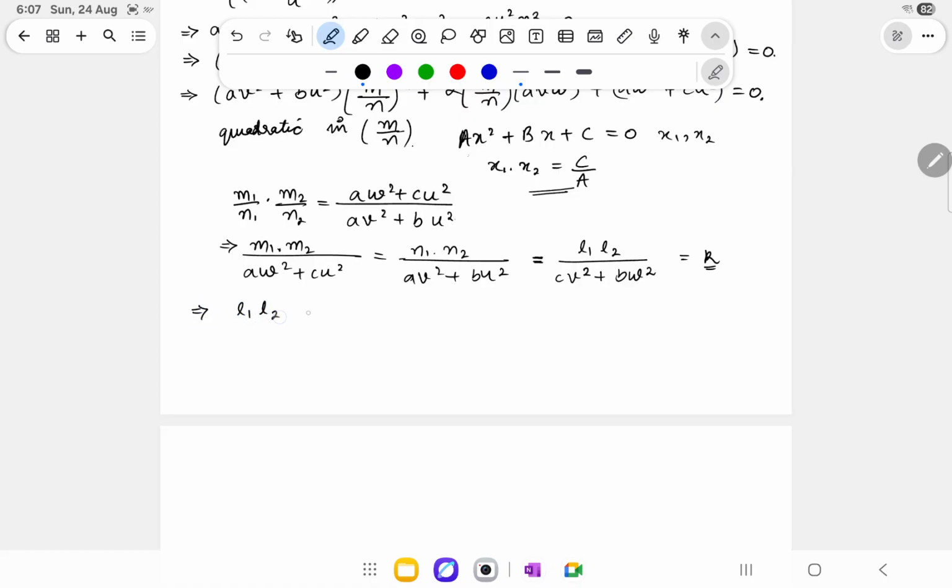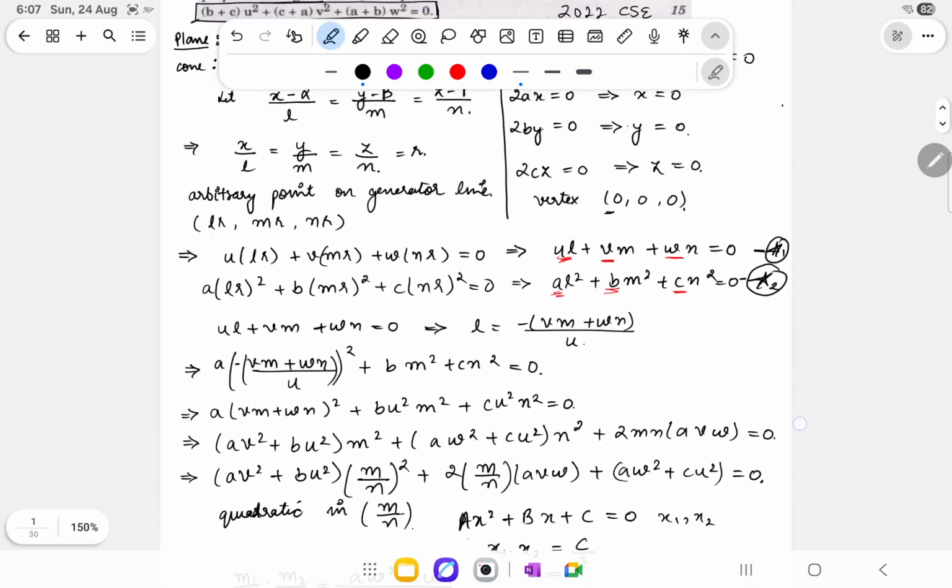That will be basically L1 into L2 is k into cv square plus bw square, and m1 m2 as k into aw square plus cu square, and n1 n2 as k into av square plus bu square.